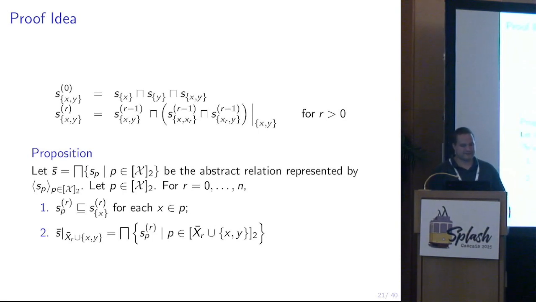Okay, so then our proposition here is, if I have this S bar as the abstract relation that is represented by this S sub p, then in the sequence, the value for this cluster will always be smaller or equal to the value for all the single variables that appear in the cluster. And then the last statement is that basically I can represent the value by meeting together all of these subclusters for the r's that I have not eliminated yet.